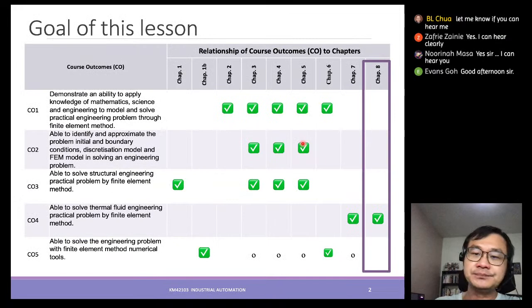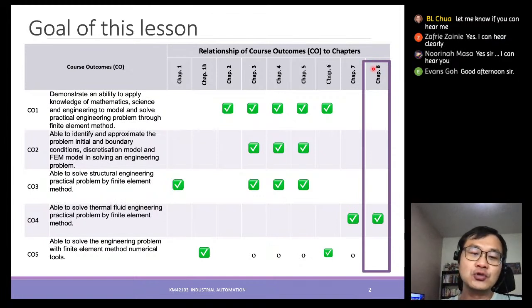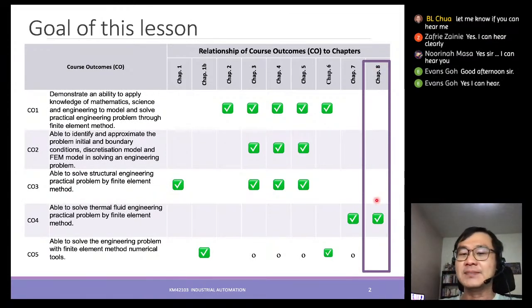So this is the last chapter, chapter 8, where the purpose is to expose you to some fluid engineering problems by solving them using finite element methods.